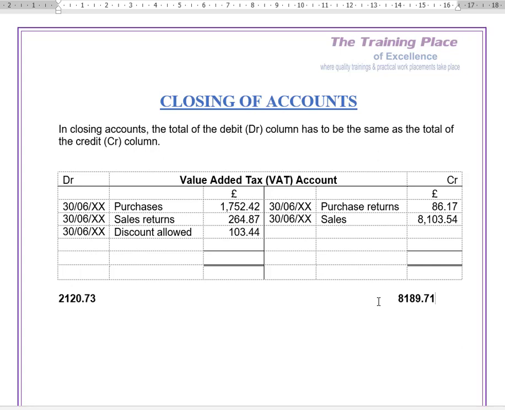So I need to make sure that the two sides add up to the higher amount, which is 8189.71. So I can even just throw the figure straight into my total row. And your total row is always totaled with a double line or a thick line.